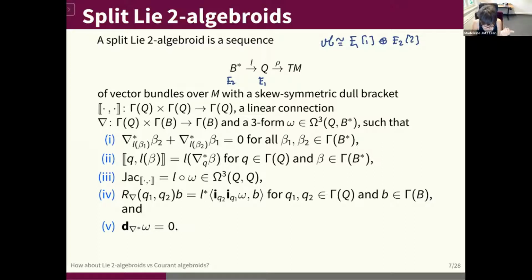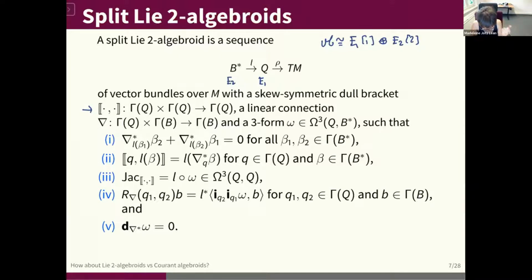And the Lie-2 algebroid becomes, well, a skew-symmetric linear bracket on sections of E1. That's this one, which is not a Lie algebra bracket, but it has an anchor and it satisfies a Leibniz condition in both entries. So it wants to be a Lie algebroid bracket, just Jacobi is missing. And also the Q wants to be represented on B or on its dual. I mean, it doesn't matter if it's B or its dual.